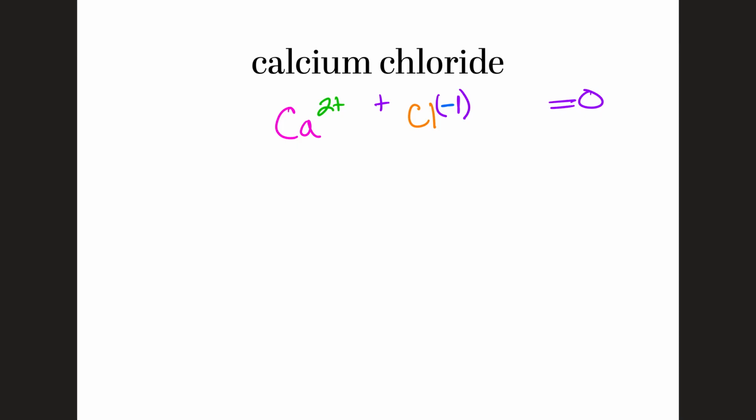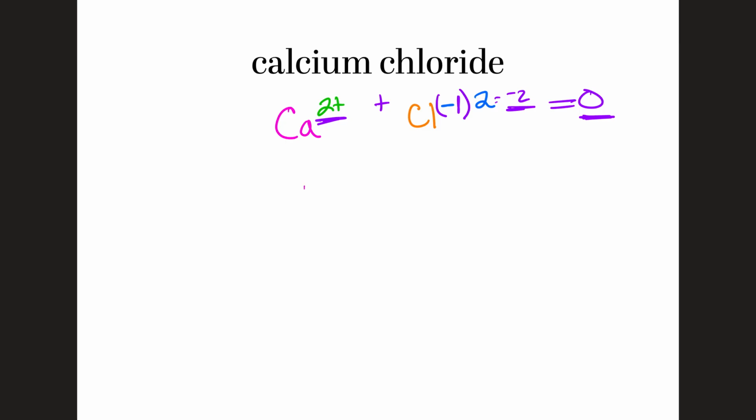To get rid of the +2, we have to have a -2. So we're going to multiply this whole thing by 2, which gives us our -2. -2 plus positive 2 equals our 0.